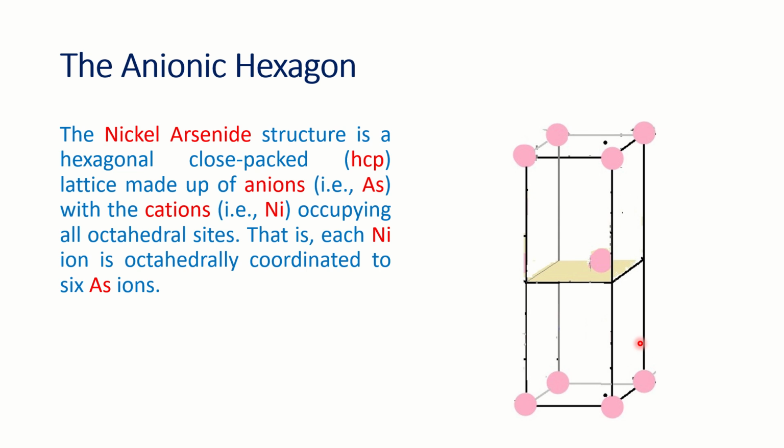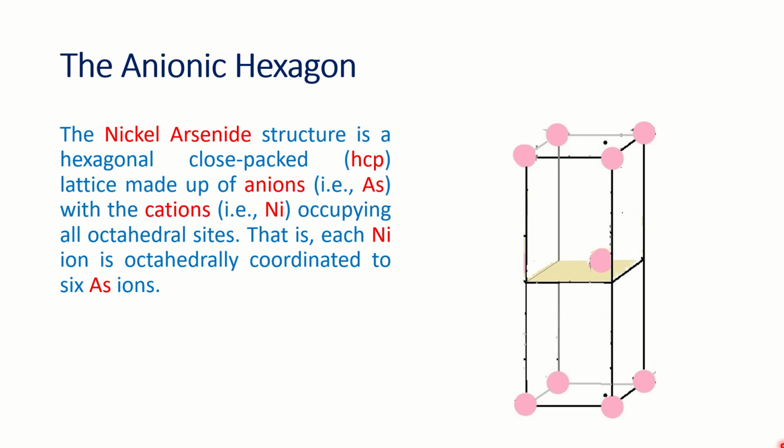Now, let us introduce the nickel ions, which are already existing within this unit cell but were not being shown till now. We have just calculated that 2 arsenide are present. So, how many nickel should be present? It will also be 2 because we have to maintain the stoichiometry.